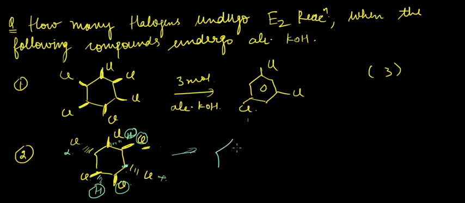When I create the products, it would be something like this, and Cl would be attached here. Oh, I'm sorry, Cl would be gone here, and Cl would be here. So in this case, the answer would be 2.